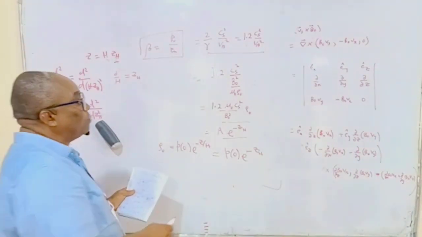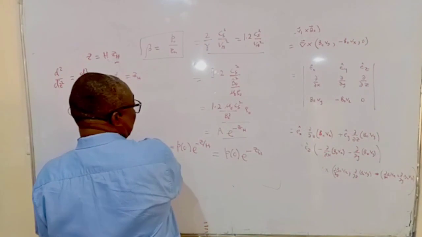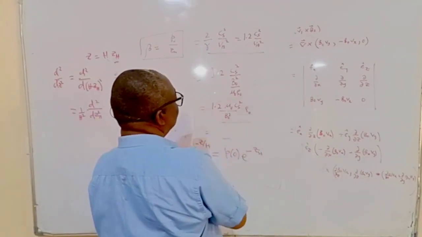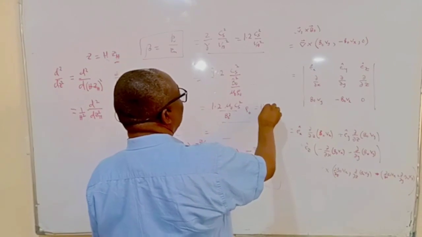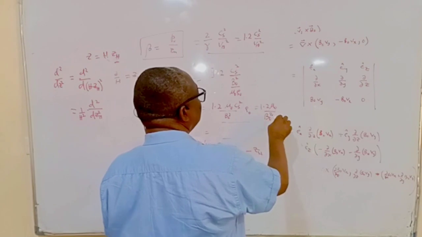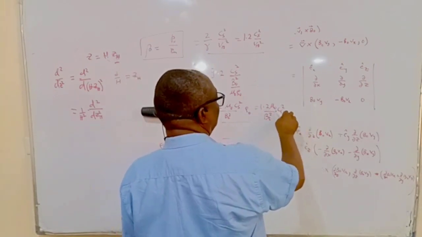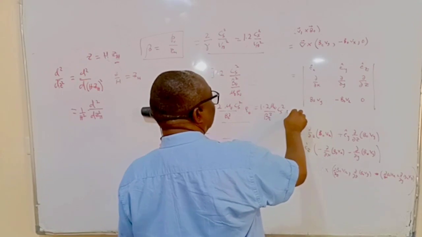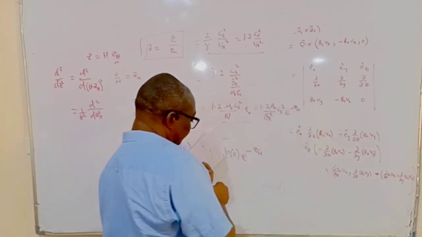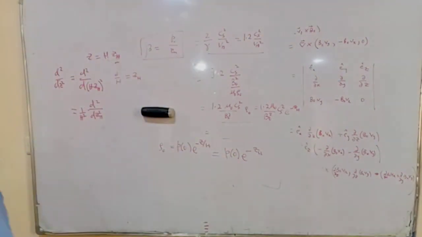So if I now put that, you will see that this will simply give you 1.2 mu naught over B naught squared CS squared of another constant. Let me absorb that, e to the minus ZH bar. So that is what your B naught is.